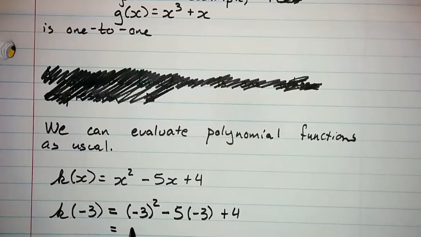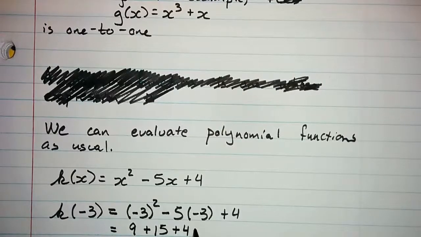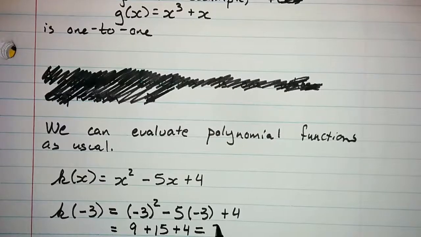Negative 3 all squared will be positive 9. Minus 5 times negative 3 will be plus 15, plus 4, and I think that adds up to 28.